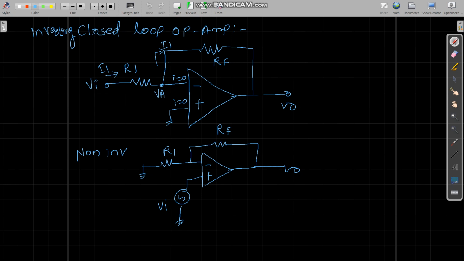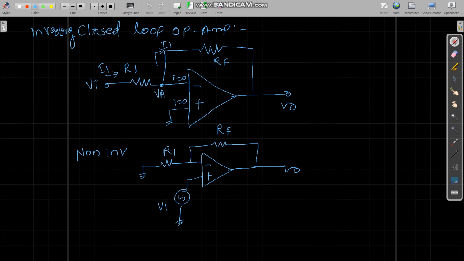Now here you can see the logic remains the same. Depending on which terminal you apply the AC input to, you give it a name. If I apply the AC input to the inverting terminal in a closed loop op amp, then it is called the inverting closed loop op amp. Whereas in the non-inverting closed loop op amp, I have applied the input voltage to the non-inverting terminal of the op amp.